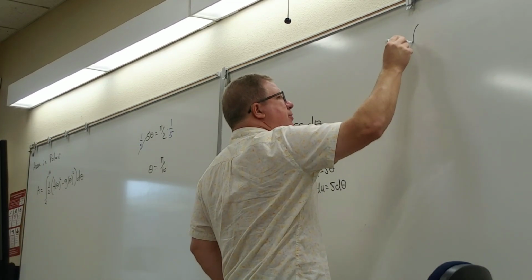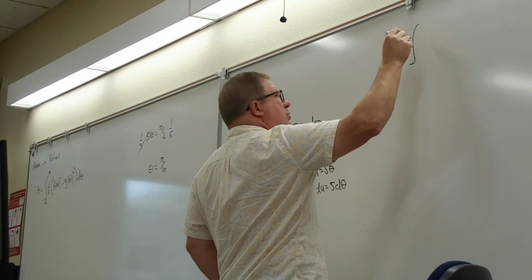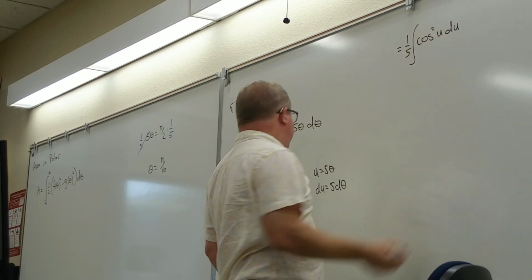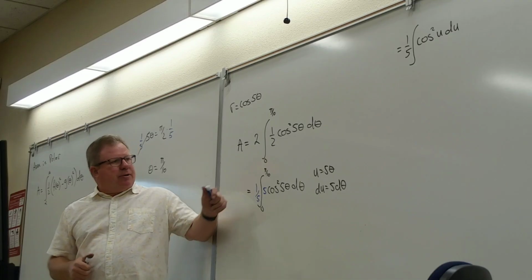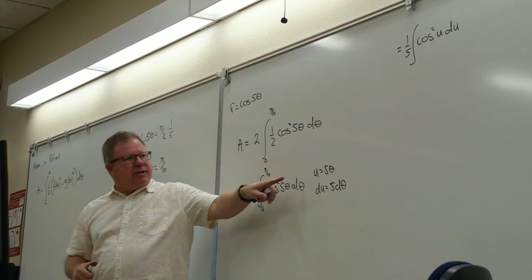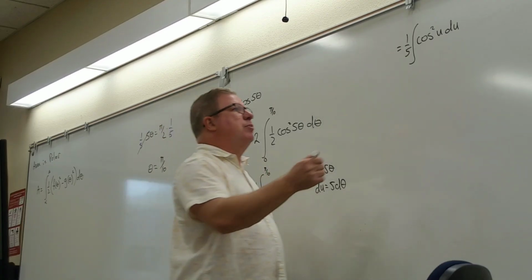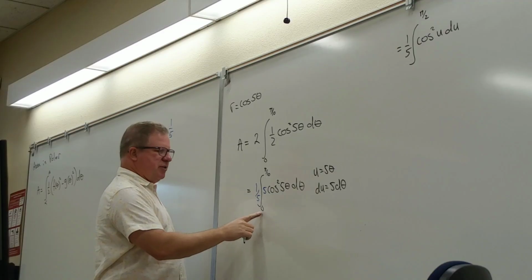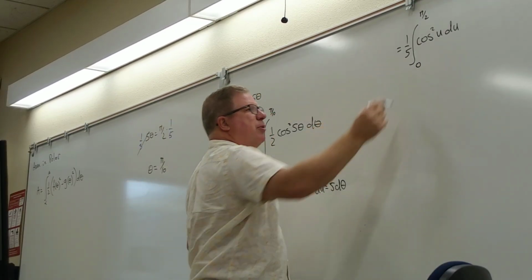Now we have 1/5 cosine squared u du. We can adjust the bounds. If we put pi over 10 into theta here, 5 times pi over 10 will be pi over 2. And if we put 0 into theta here, 5 times 0 will be 0.